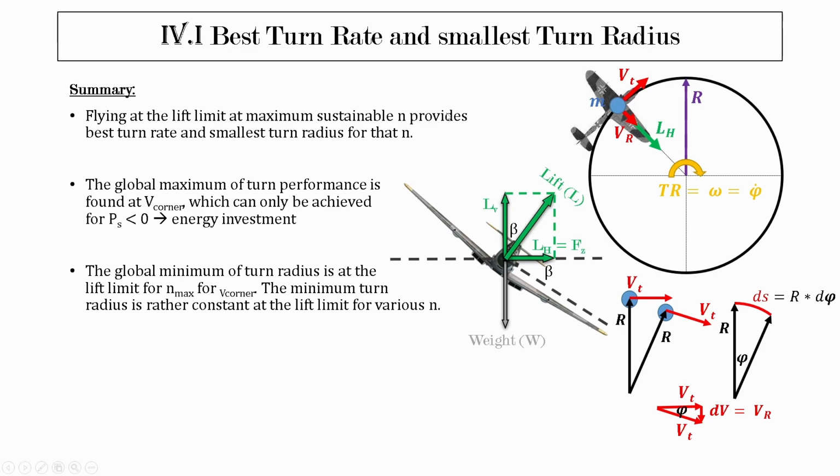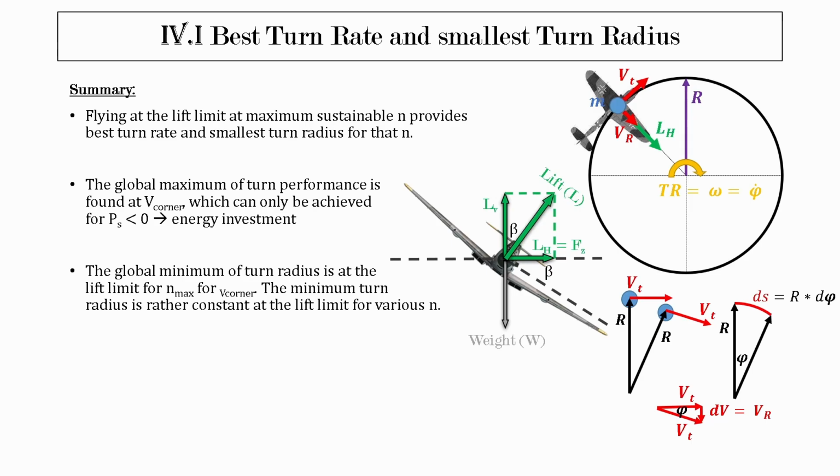Yes, N provides the best turn rate and the smallest radius for that N. So let's assume we fly at 3G. That's our maximum sustained G. Then we would go to the lift limit in terms of speed, which is square root of 3 times our stall speed in level flight, horizontal level flight.